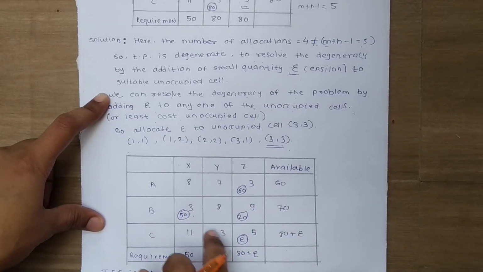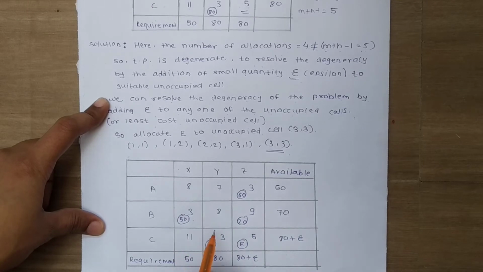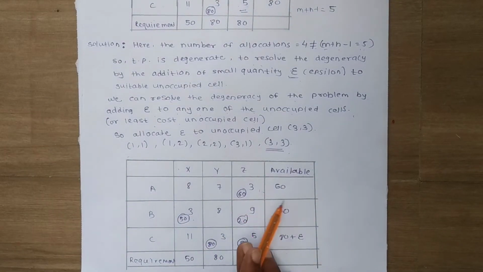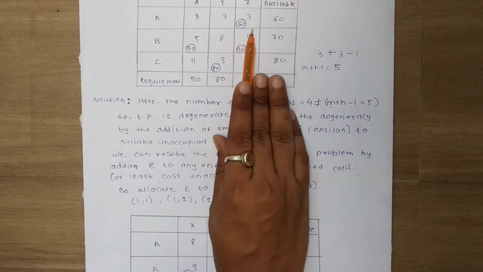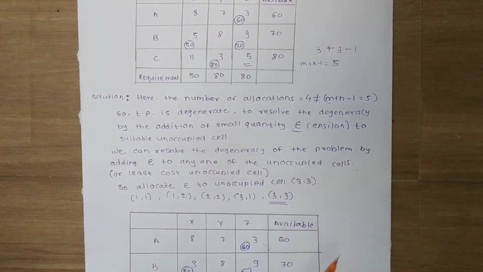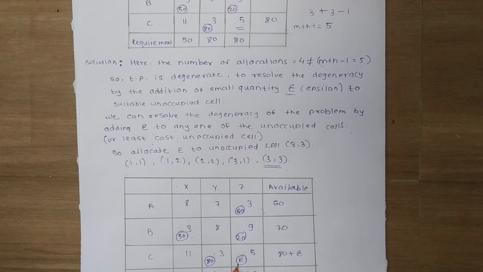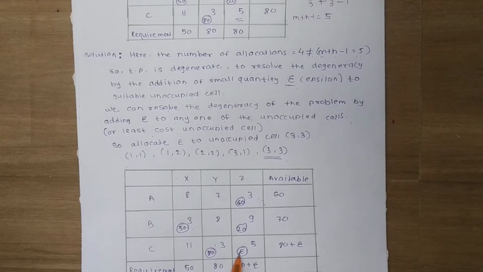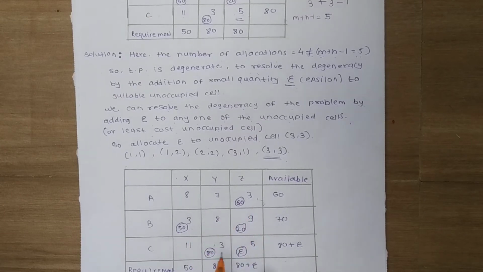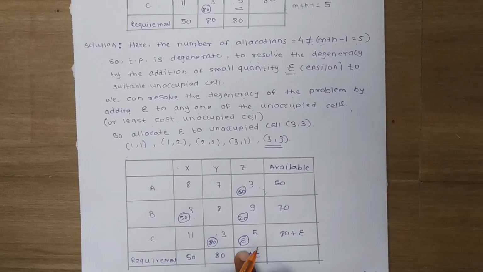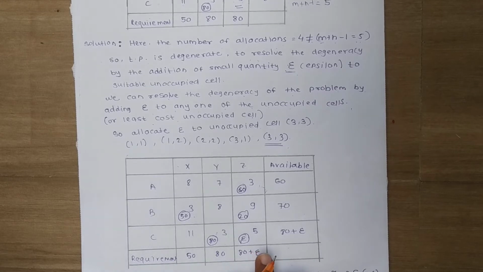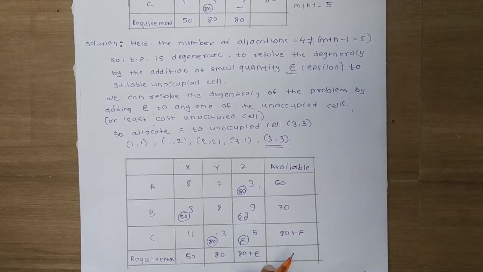So the above table becomes: allocations are 60 as it is, 50, 20, 80 and this is epsilon. So here the number of allocations is 5, which is equal to m plus n minus 1. So this is a non-degenerate problem.